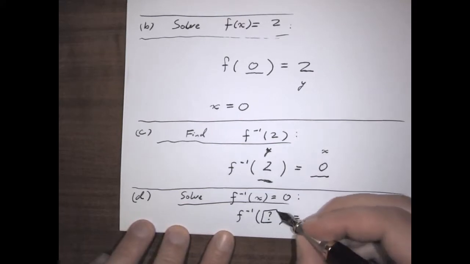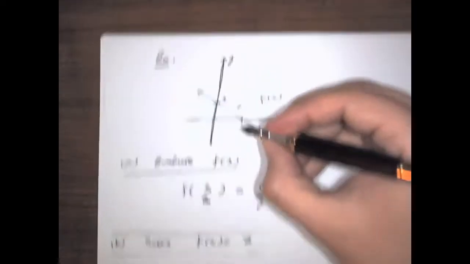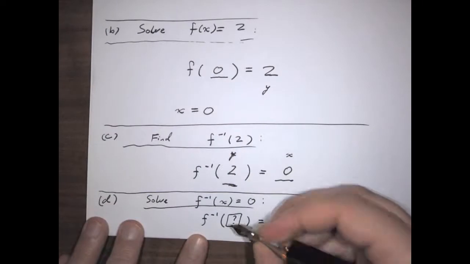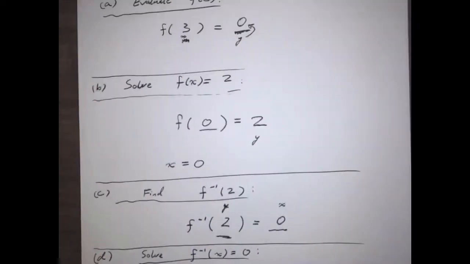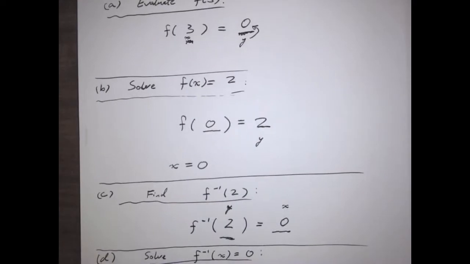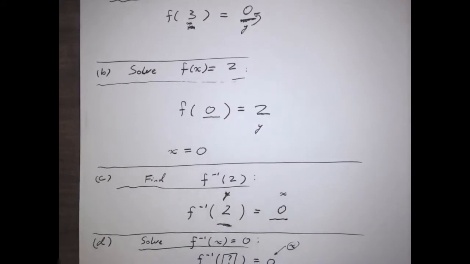Now from this original graph, it was f, and then the input would be x and the output would be y. But this has switched everything around, which means that the output is the x from the original graph, and what it wants is the y.